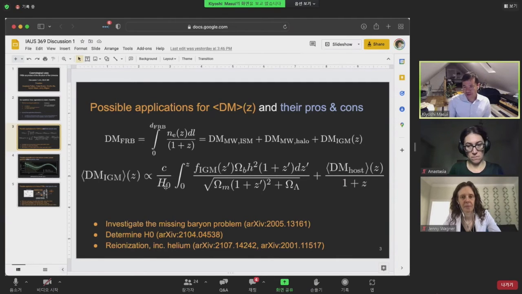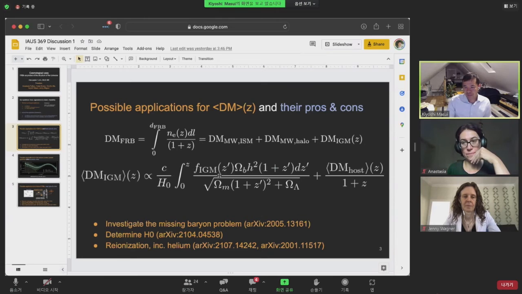My primary concern is, will this ever reach a precision where it is informative of, say, the Hubble tension? You really need to get down to 2 to 3% measurements of the Hubble parameter to discern, at 2 to 3 sigma, between the SH0ES measurements and the CMB measurements.